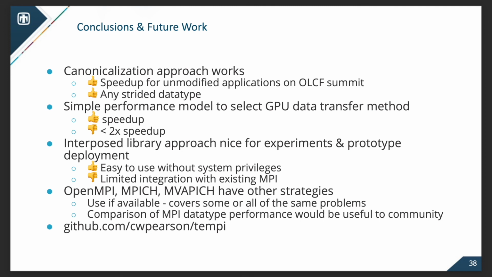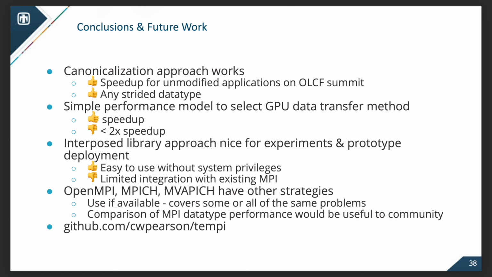We showed that you can use a relatively simple performance model with some characterization of the target platform to make selections at runtime about the GPU data transfer method, and so that gives a little bit of additional speed up. And this general approach seems to be nice for deploying MPI experiments and prototypes without having privileged access to an experimental platform. So basically, as long as you have supercomputer time, this will work for you. You don't need to talk to the system administrators. You're not modifying the deployment on the computer.